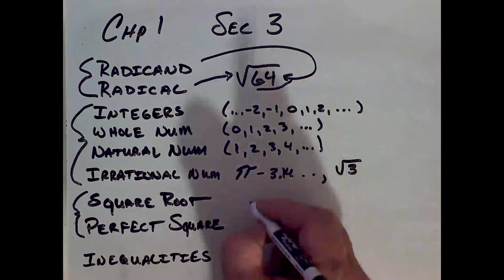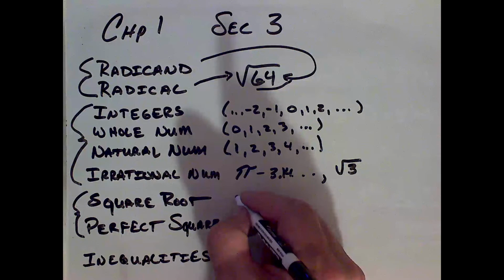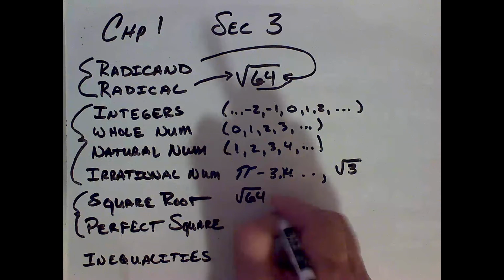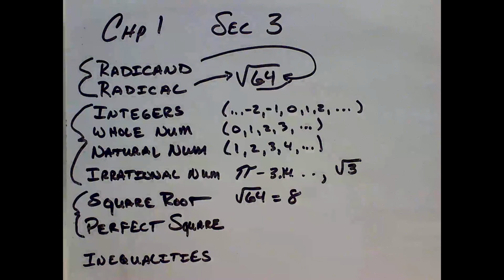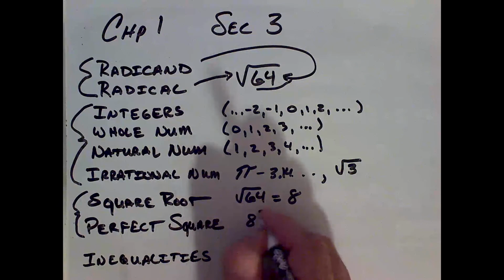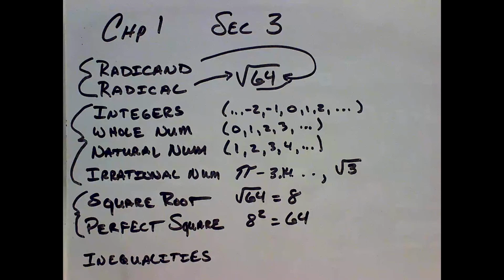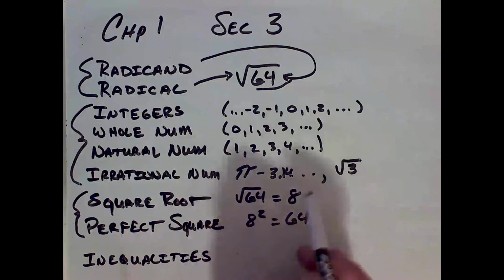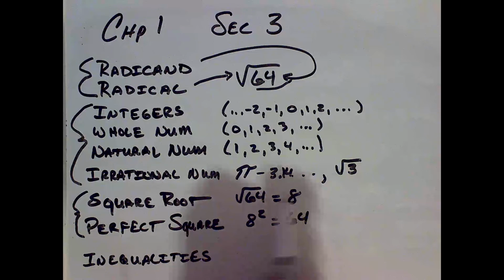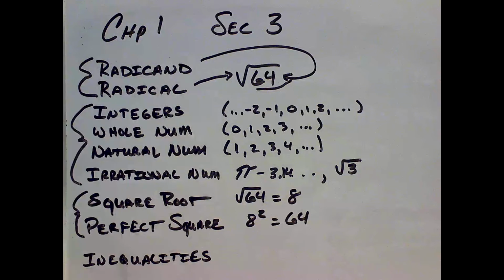The square root of 64 is 8. But if we go 8 squared, perfect square, it would equal 64. Notice the similarities here. The square root of 64 is 8, and 8 squared is 64.